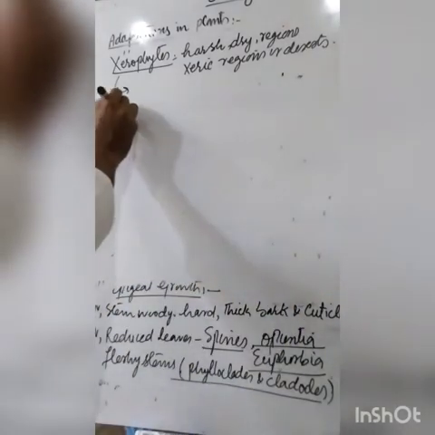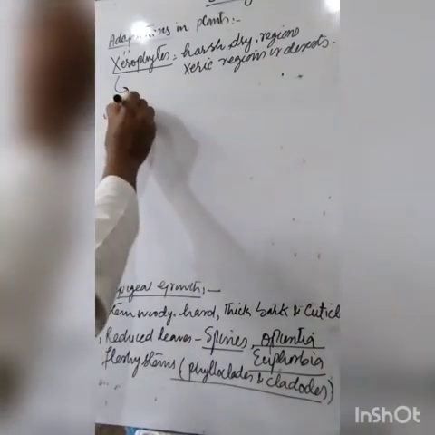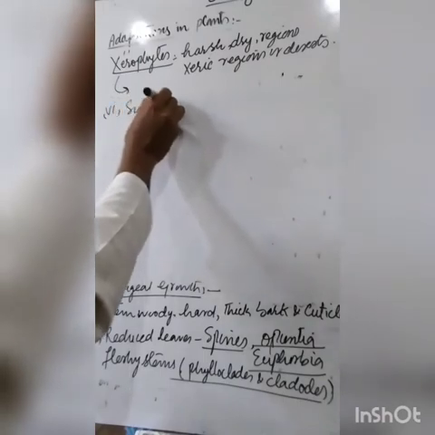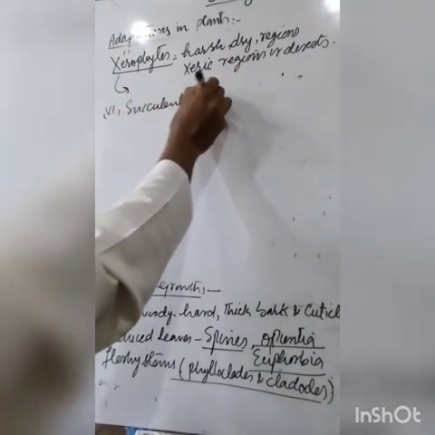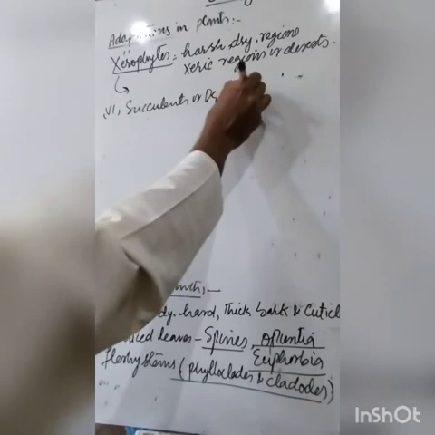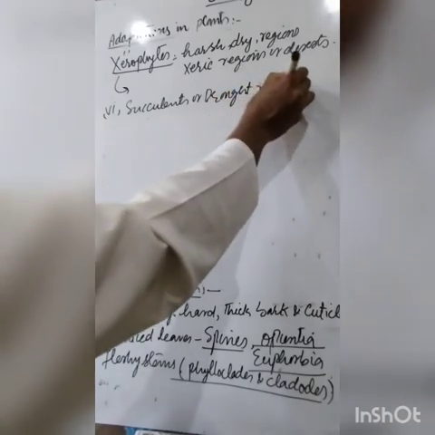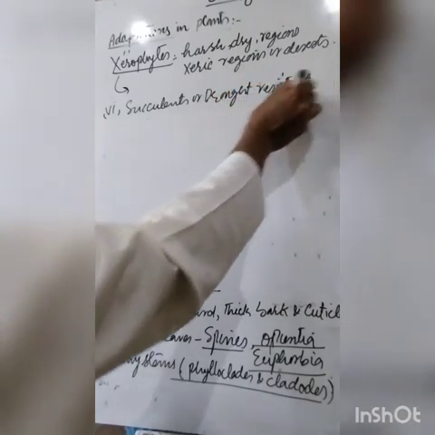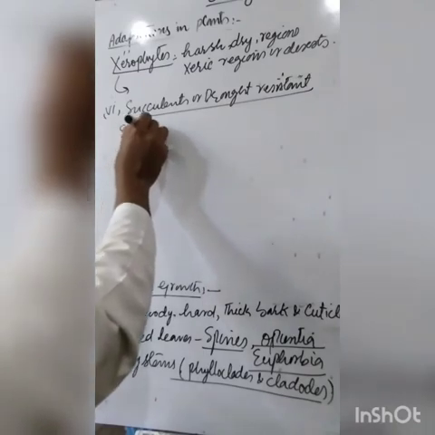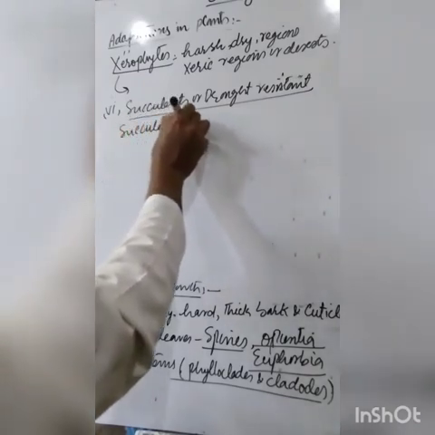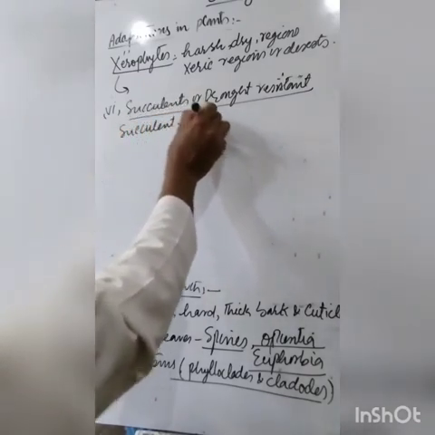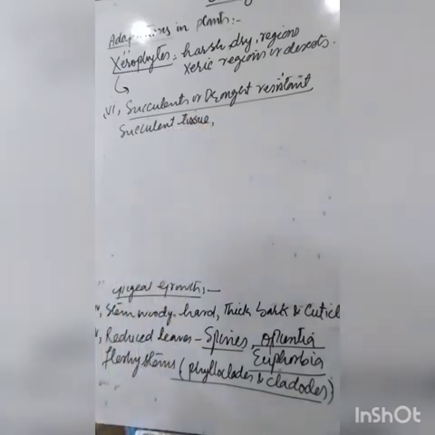Besides, there are succulents or drought resistant. These have succulent tissue. That is, they can store water during rainy season and then slowly use it.